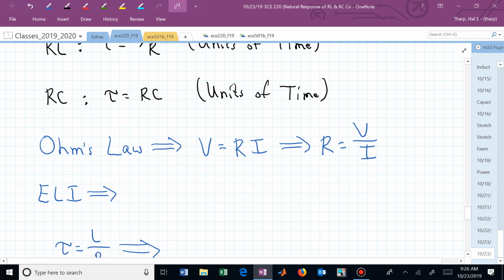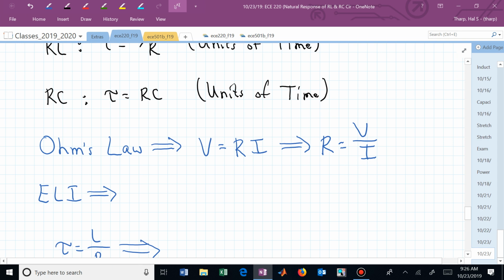Well, we can think this through in unit terms and say, why do these products and quotients give us time? Why are they called a time constant? Ohm's law, V is equal to Ri, so we can solve for R. That's in both of these expressions for the time constants.